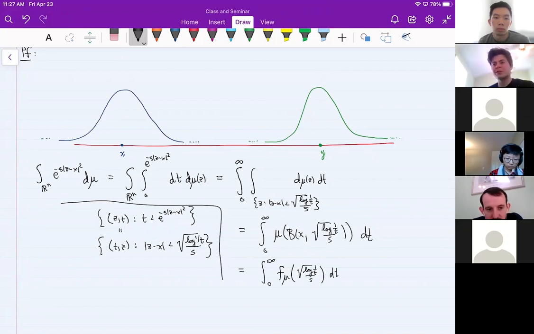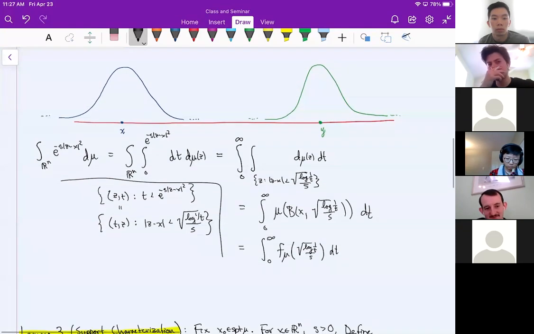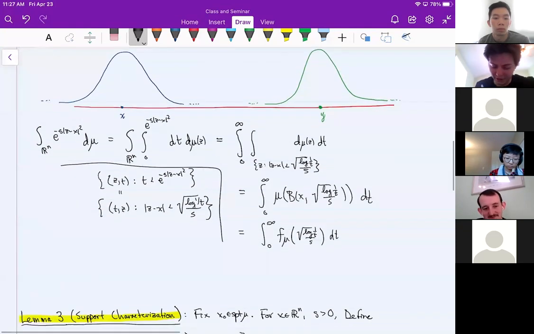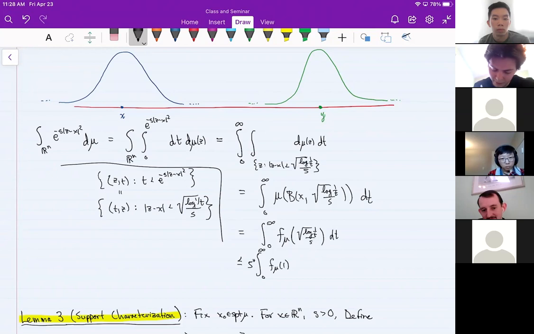Right, and so the point is that this is just the same around any point in the support. This is independent of the point x that I chose. I can write this in terms of y, and so on, and also using the growth lemma that I proved above, I can really just write this as f mu of 1 less than or equal to 5 to the n square root of log, this thing to the power n.